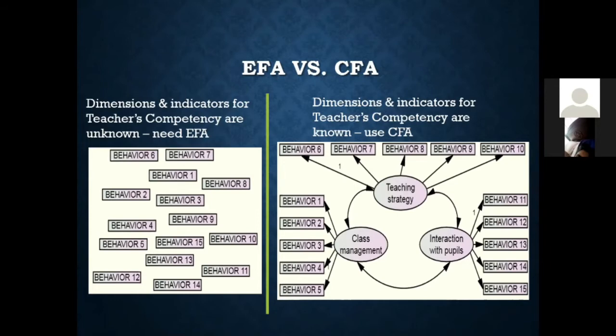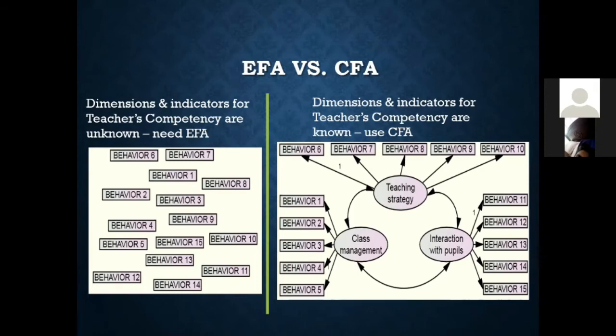partial least square structural equation modeling, PLS-SEM they call it. For covariance-based structural equation modeling, CBSEM, you can use IBM SPSS AMOS, or simply AMOS.